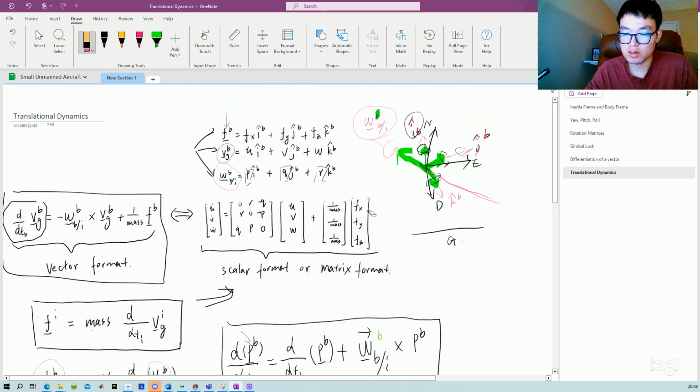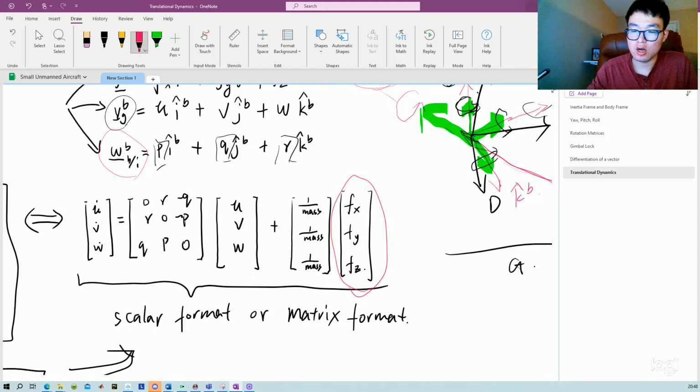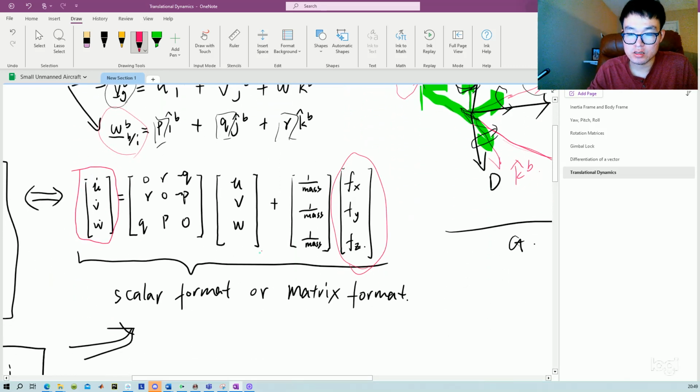Physically speaking, this essentially models how the external force on your plane in the body frame can affect the dynamics of your ground speed. So that's the physical meaning of all this.